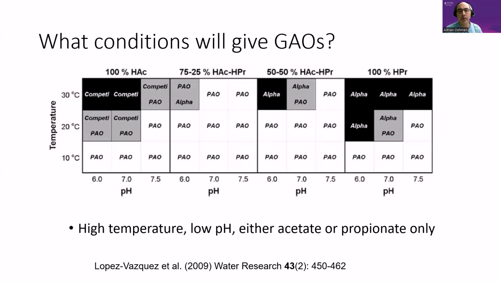But in the other situations, with a mixture of carbon sources, this tended to lead to only the growth of POWs, so POW dominated growth and metabolism.